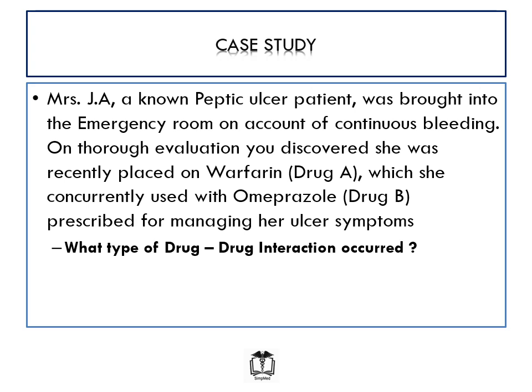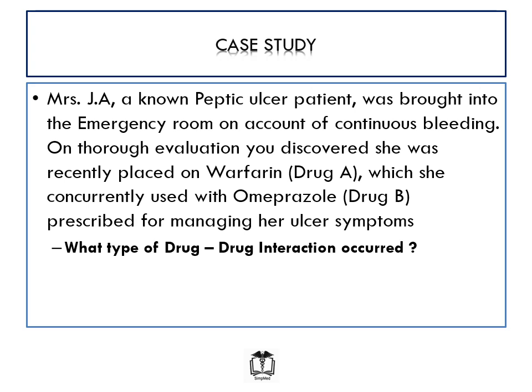In this case, we are also having a case of two drugs being used concurrently, warfarin and omeprazole. What we deduced from this case study was that she was having continuous bleeding. The continuous bleeding will be as a result of warfarin toxicity.